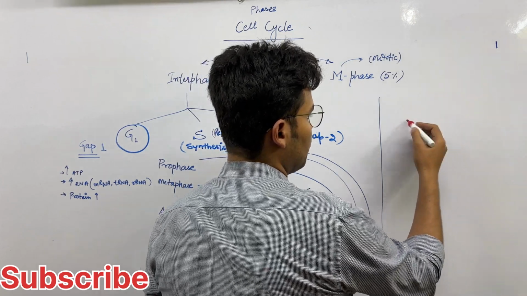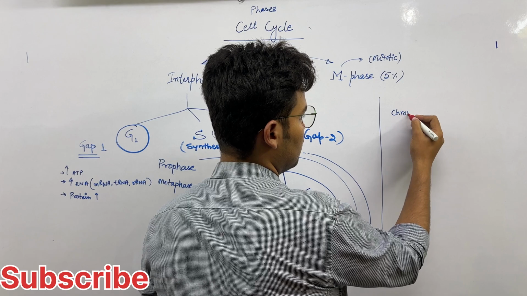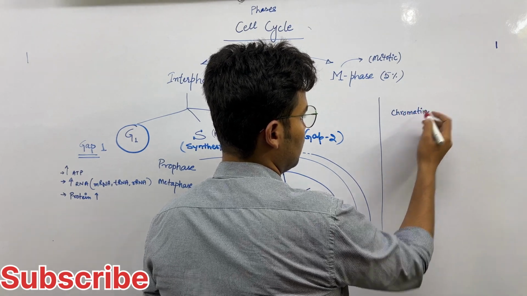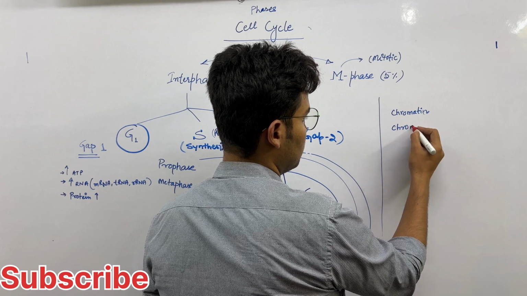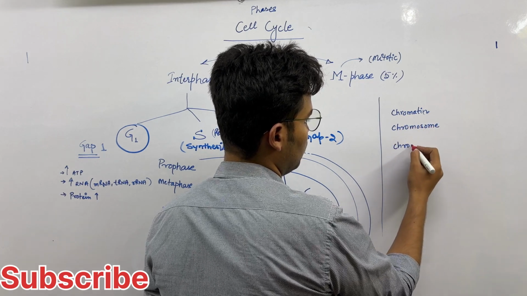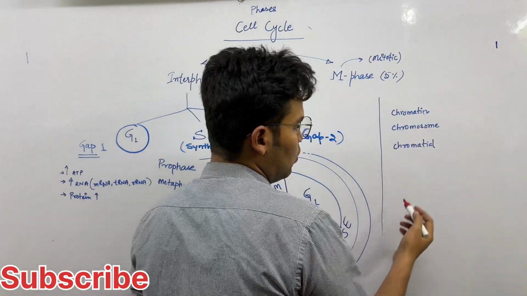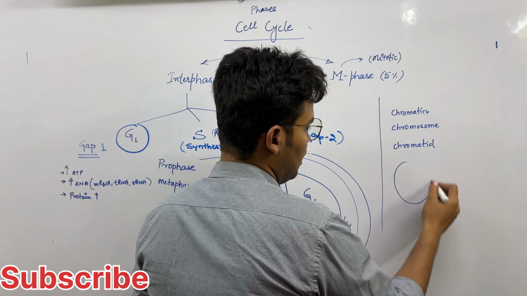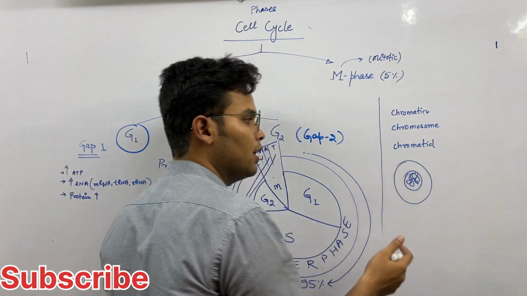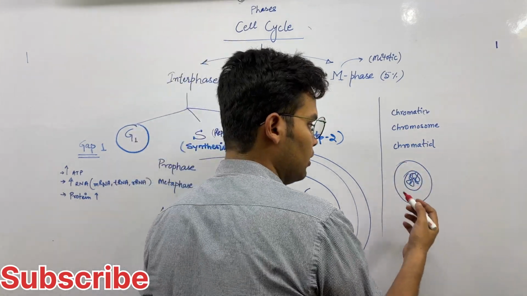So there are three terms: one is chromatin, one is chromosome, and one is chromatid. We should understand, if a cell is there, a nucleus is there, and the thread-like structure is present inside the nucleus, then that thread-like structure is chromatin.